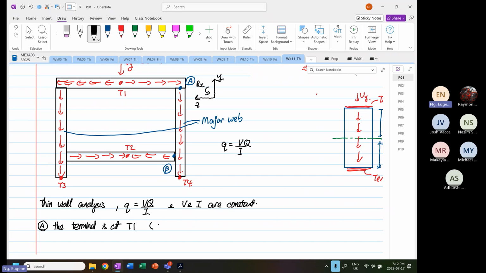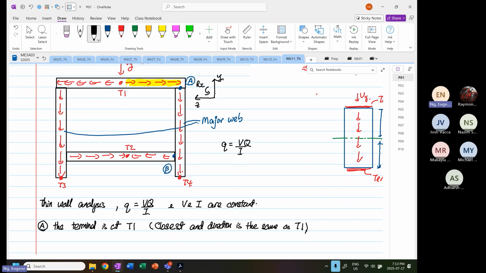Because it is the closest, and also the direction is the same as T1. So what I mean by that, at point A you see that it's flowing in a horizontal direction.